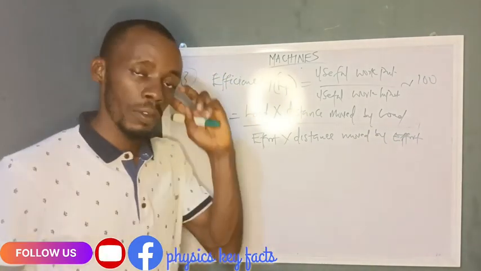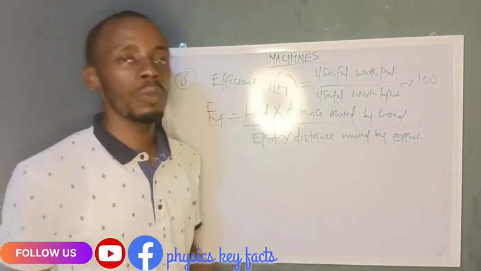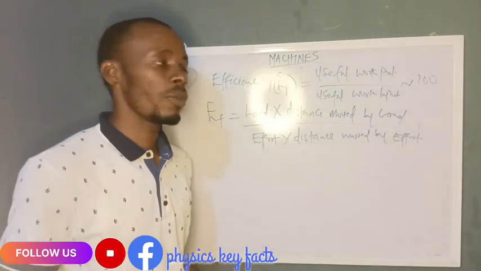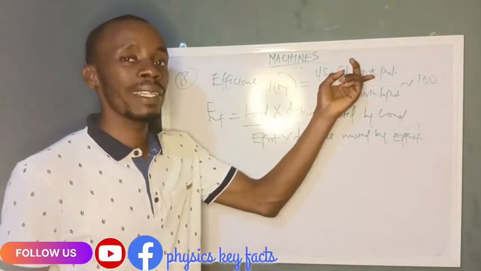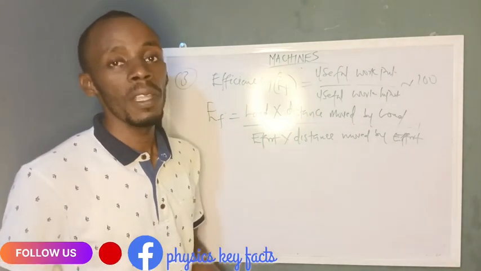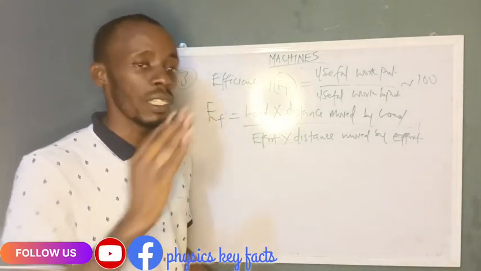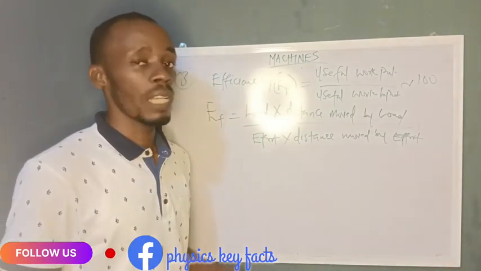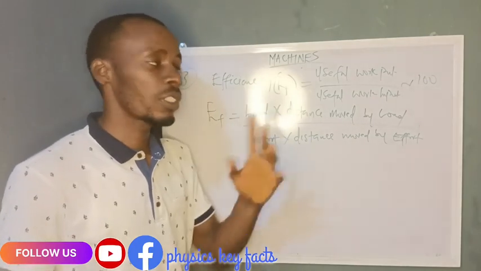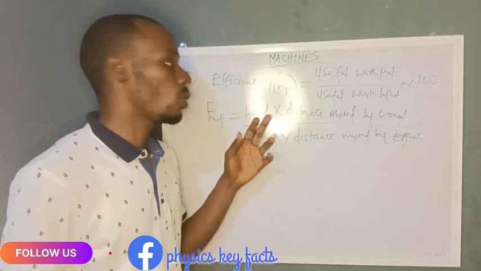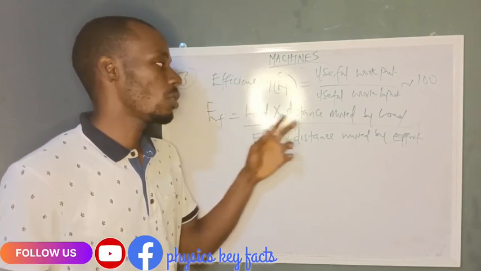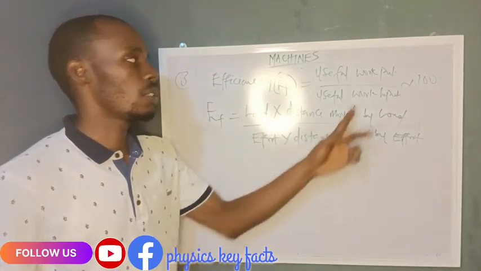So this is another formula for efficiency. Of course, we know that work is simply defined as force times distance moved in the direction of the applied force. So load here is a force measured in Newton multiplied by distance, force times distance, which is simply work.